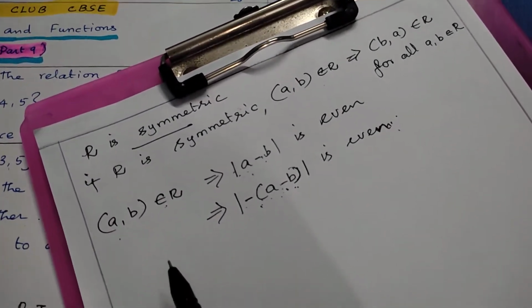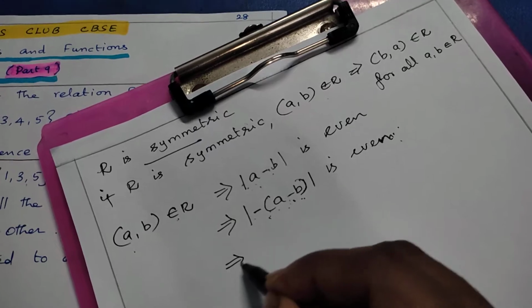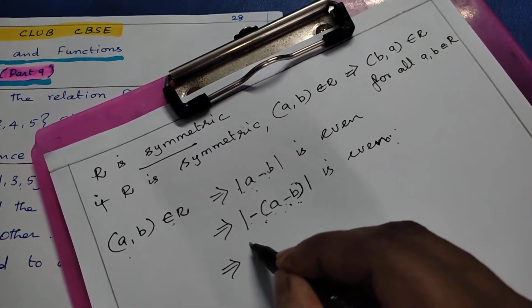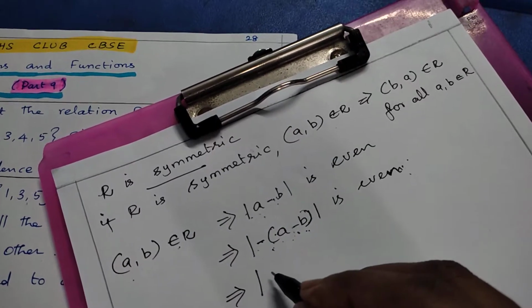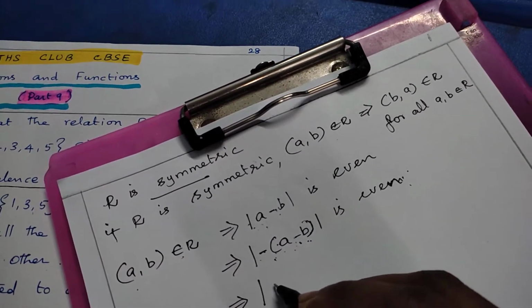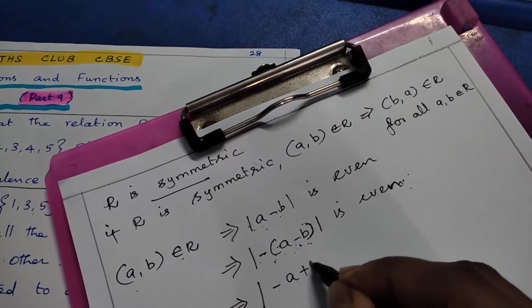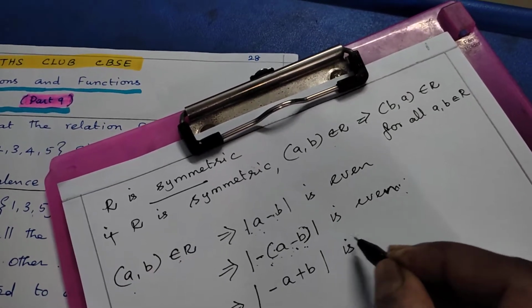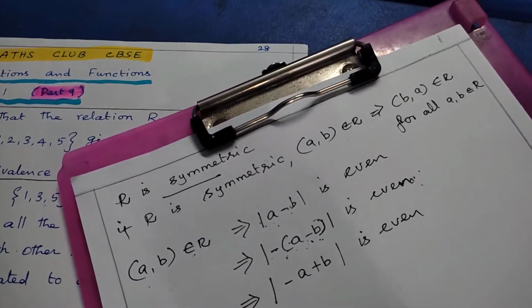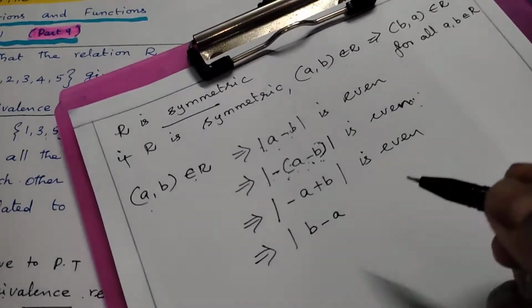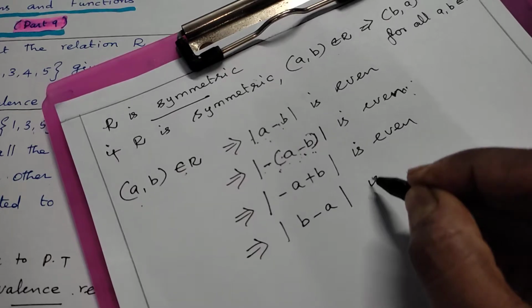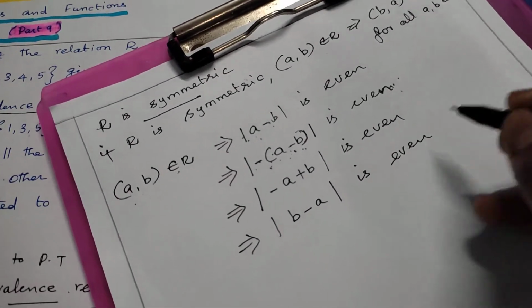This even number, when we multiply the minus inside, we get modulus of minus A plus B is even. That means modulus of B minus A is an even number.